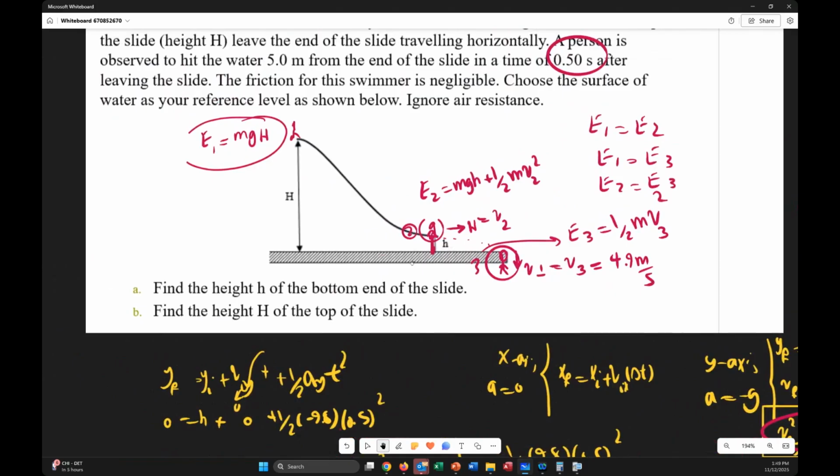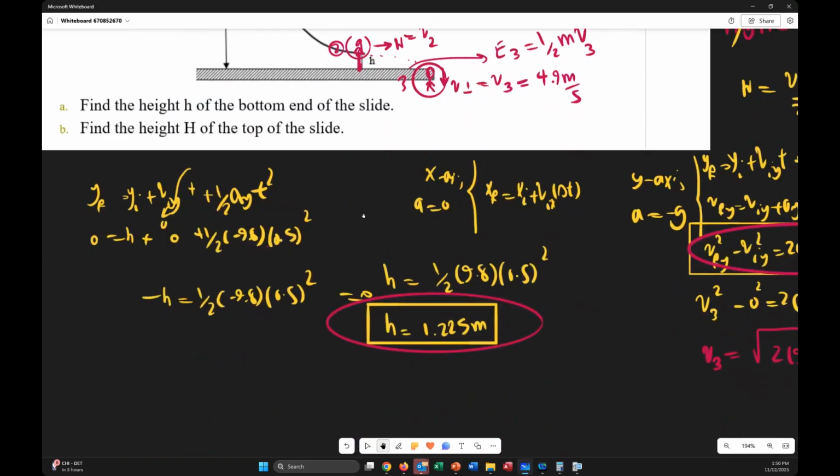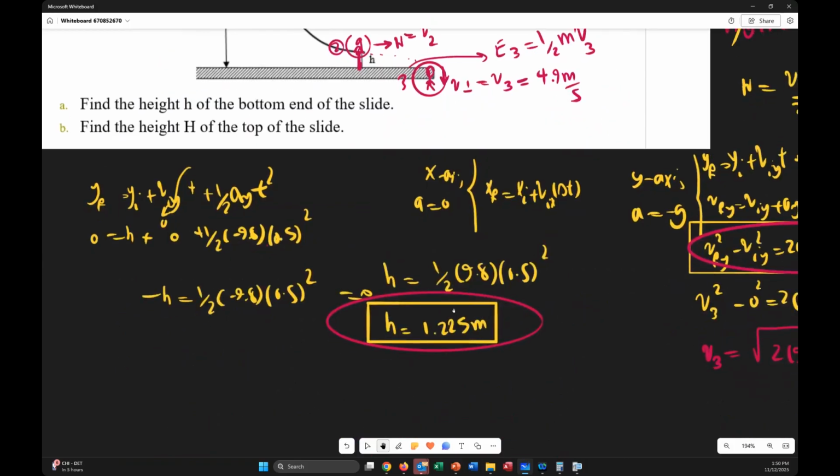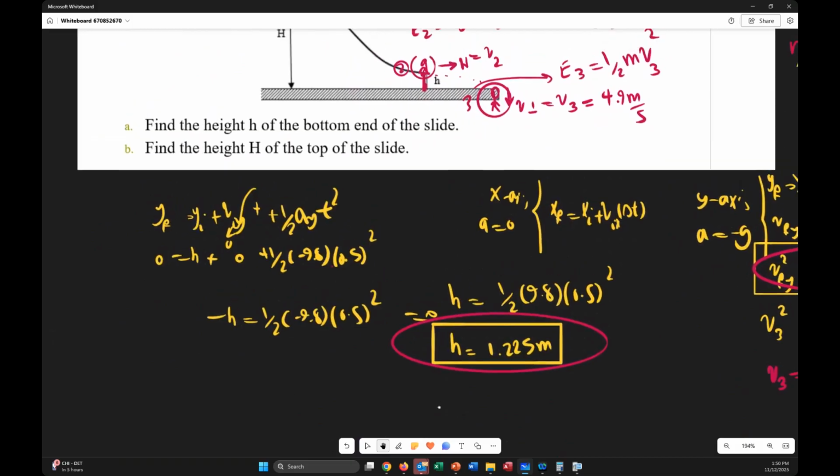Because we already did B, we're trying to do A. No, we were trying to find the A first. We did find the A first. This is the A. Oh, okay.